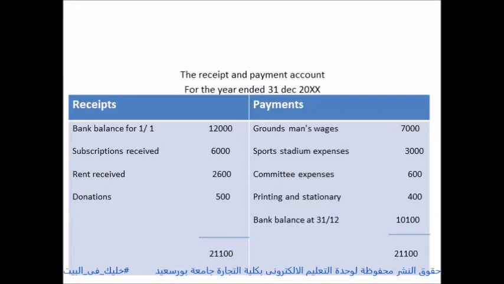We have credited the bank balance because the receipts, which is the debit side, is more than the payments in the credit side. The bank balance, which is 10,100, is the balance at the end of the year, and it also will be the beginning balance of the next year or the next accounting period.